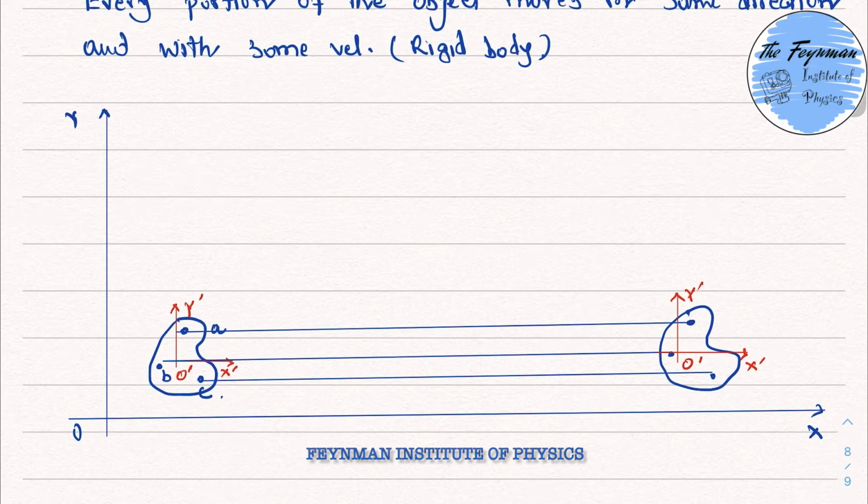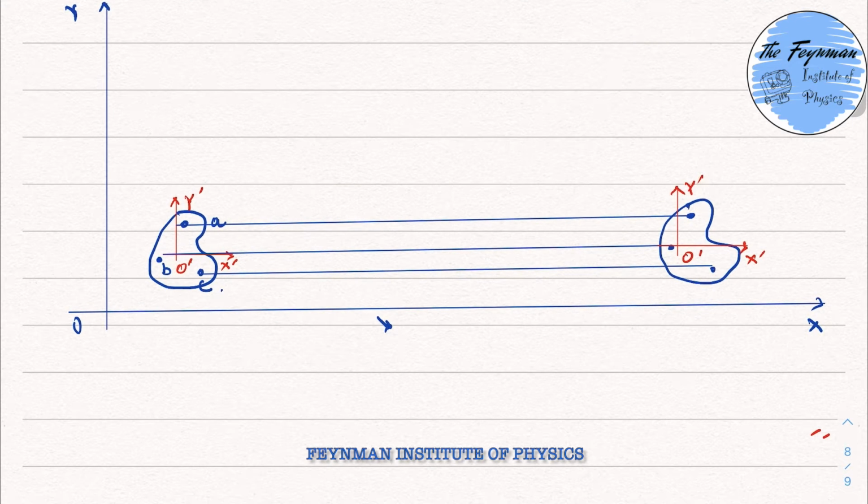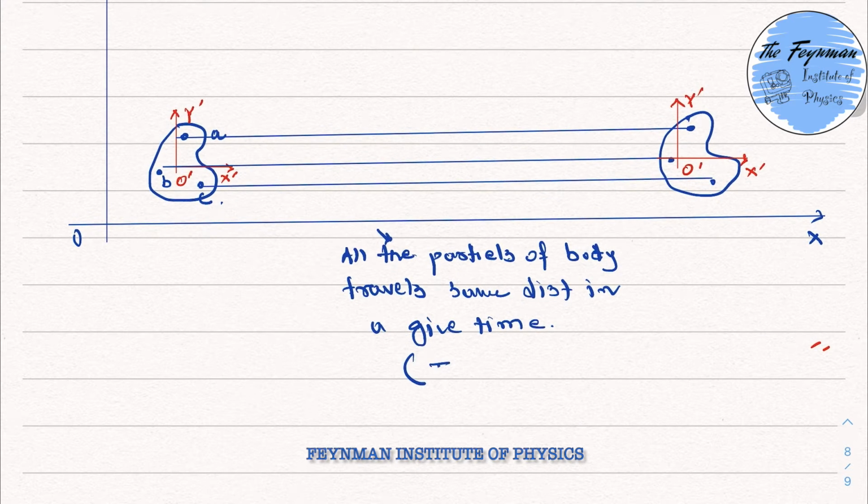translatory motion. So we can say that as all the particles of the body travel the same distance in a given time, that is why it is known to be a translatory motion.